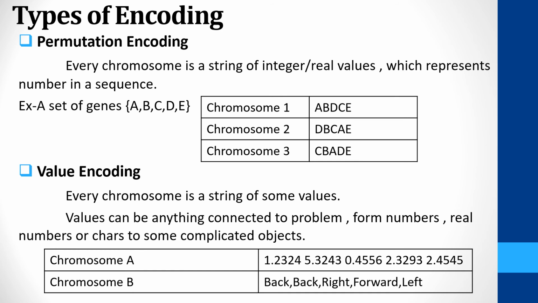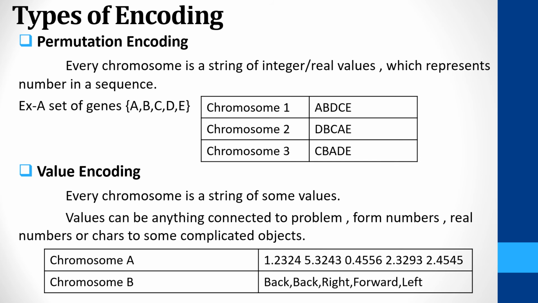Then value encoding. In this encoding, every chromosome is a string of some type of value, essentially anything from real numbers, strings or any kind of complicated object. This is a very general form of encoding and useful particularly when the problem values are difficult to capture in a binary encoding.